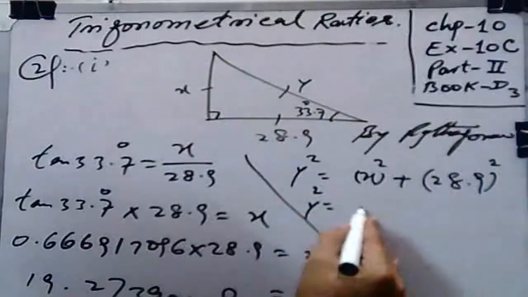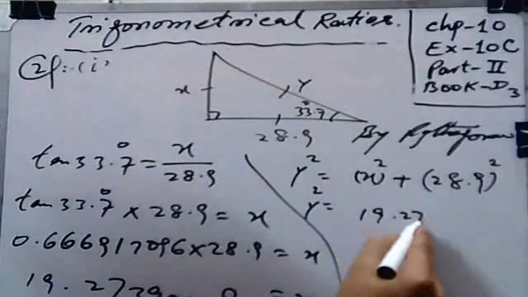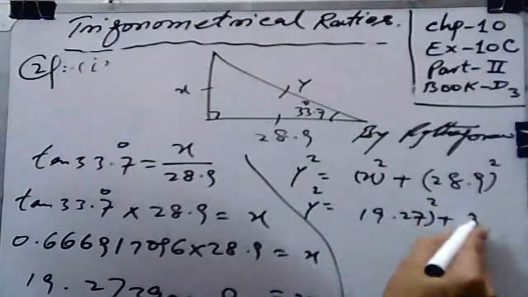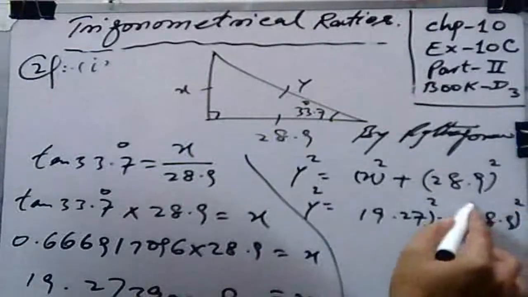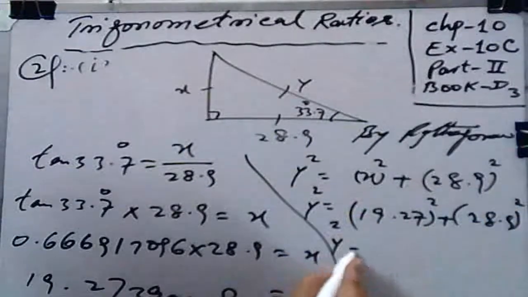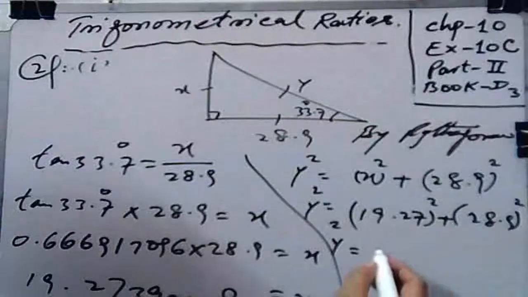X is your perpendicular, so the value of y square is, the value of x you have calculated up to 4SF, that is 19.27 square and 28.9 square. So the value of y square you can find by squaring.